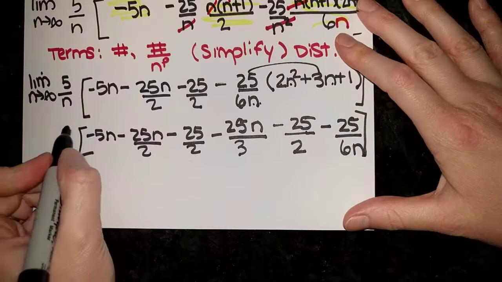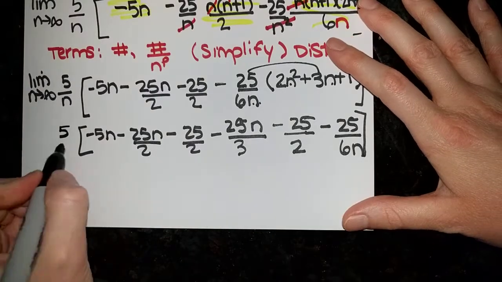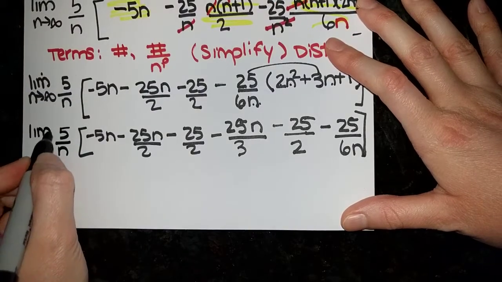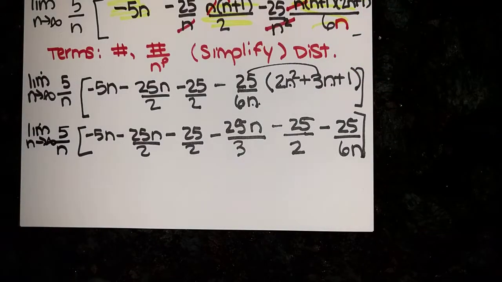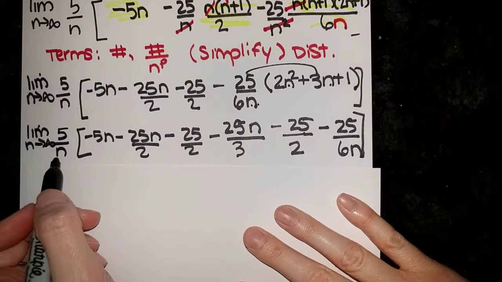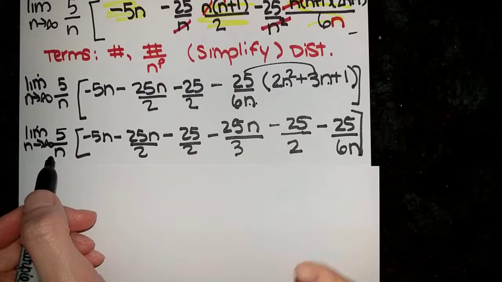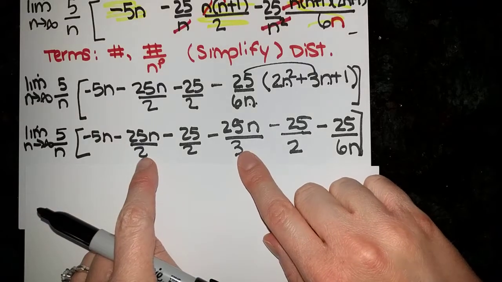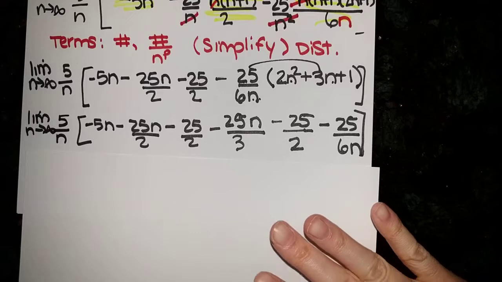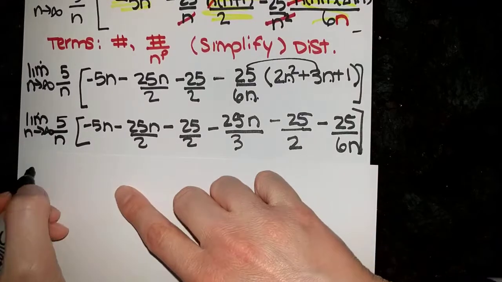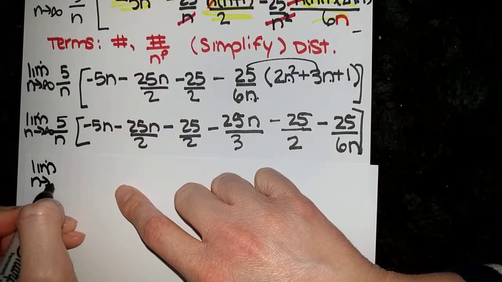All right, so somehow though you got to remove those parentheses. You have the 5 over n, limit as n goes to infinity. Now it's kind of up to you. You can sit there and say, let me combine terms, but what we really need to do is distribute this one last bracket. It is certainly true I could combine these, get a common denominator, but I'm just going to focus on getting rid of this bracket. So this will become the limit as n goes to infinity.